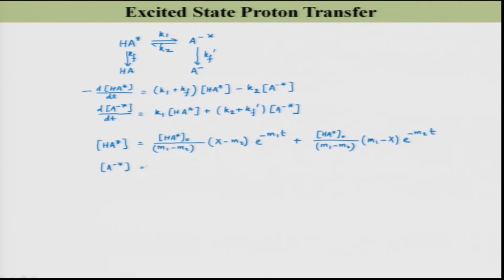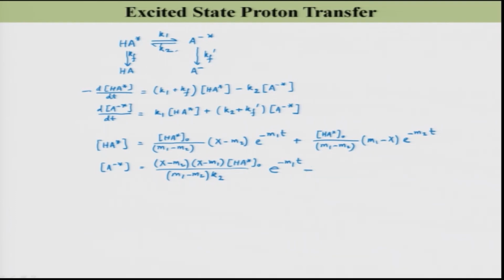(x minus m2) into (x minus m1), then HA star 0 divided by m1 minus m2 and then K2. This is my K2 over here. I should have this exponential part, e to the power minus m1 t, and then I will get this minus.